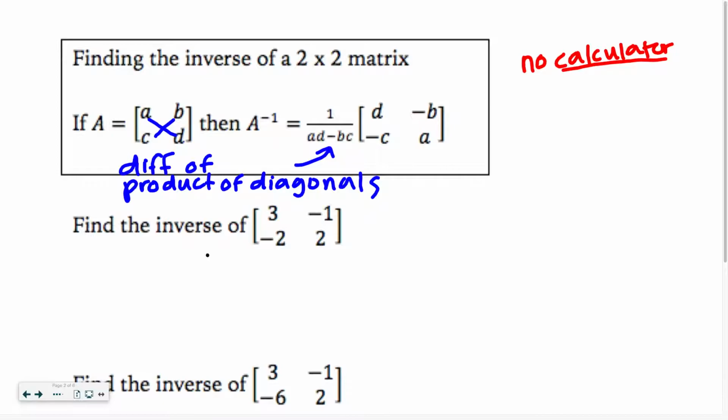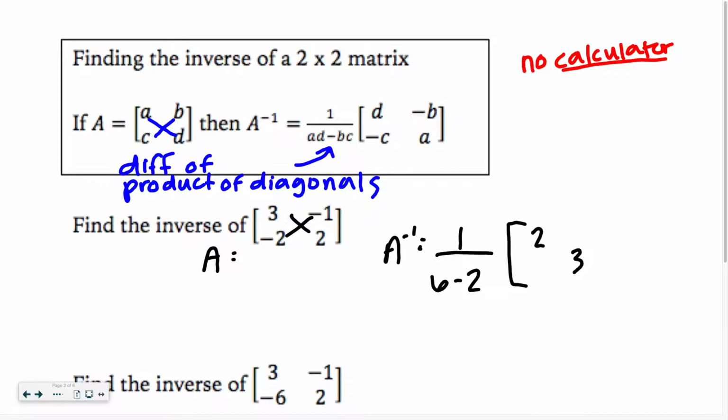So we'll go through real quickly the inverse down here. This is our matrix A, and we want A inverse. That's 1 over 6 minus 2, the difference of the product of my diagonals, times, on this first diagonal, switch the positions of 2 and 3, and change the signs on the other diagonal.